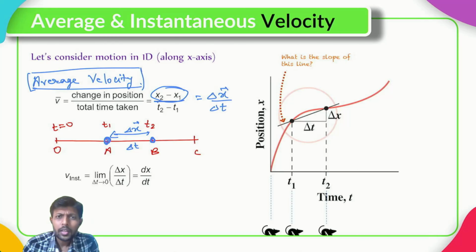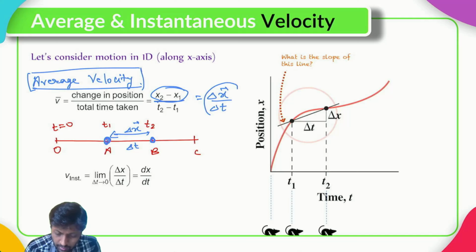Average velocity only gives you the big picture. Let's say you started from your house and reached your school. Now, during your entire journey, were you traveling with the same constant velocity? No, of course not, right? You slowed down somewhere, you picked up pace somewhere, you might have taken rest, maybe for a couple of minutes somewhere. So your velocity throughout the journey was not a fixed value.